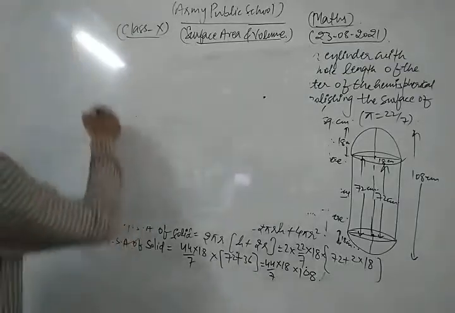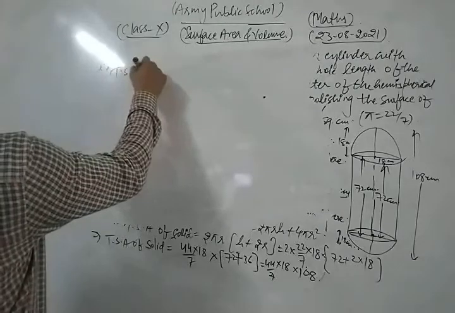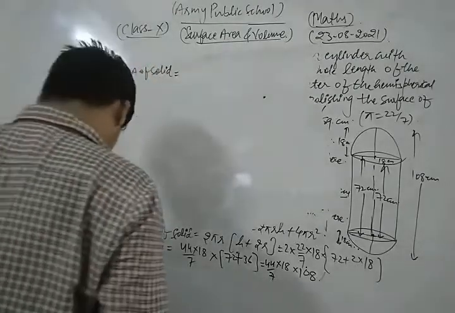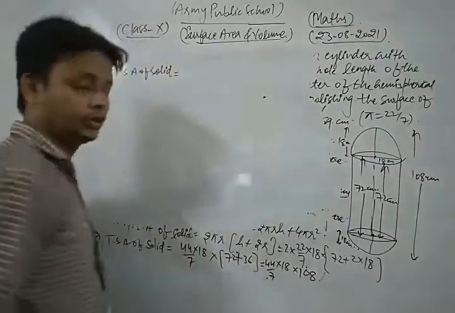Now the total surface area of the solid is 44 upon 7 into 18 into 108.